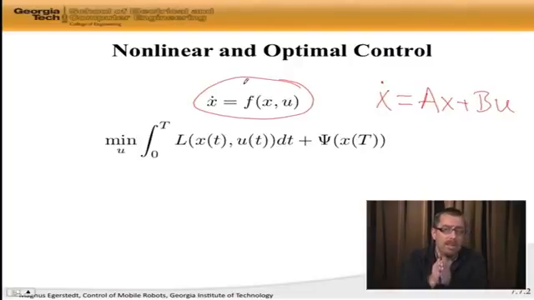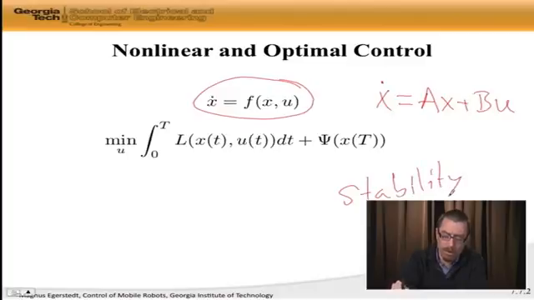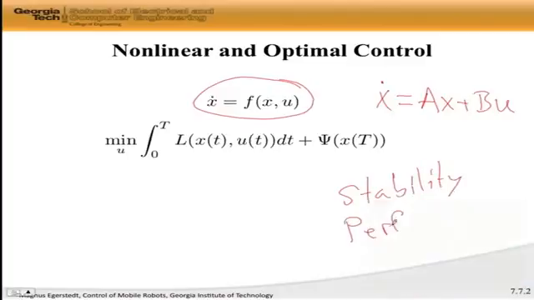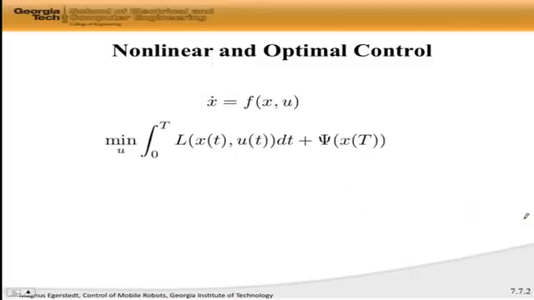Another thing that we didn't deal with is what is called optimal control. So for us, the name of the game was stability. It was performance in the sense of tracking, right? So we wanted to track reference signals. And then we had robustness. But what we didn't have explicitly were things like this.